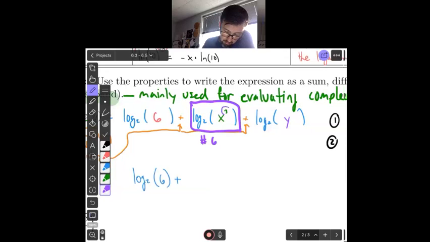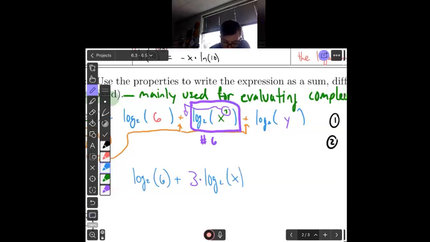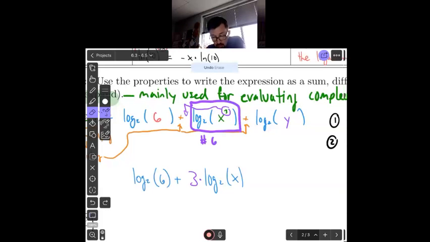The 3 is going to drop into the front. So I have 3 times log base 2 of x. Again, I wouldn't generally write the dot there. I would just write 3 log base 2 of x, just knowing that means multiplication. But if you need to write the dot because it makes more sense to you, then write the dot. And then log base 2 of y, there's no power there, so that would not change.